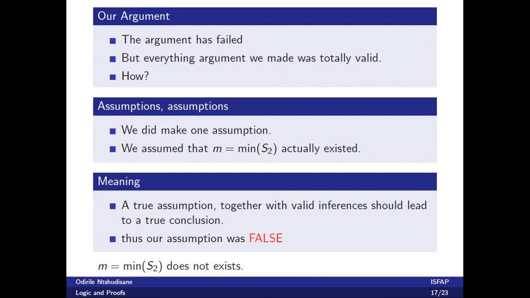So, since from a true assumption, one can only get a true conclusion using valid inference rules, we can conclude that our assumption that the minimum of S2 actually exists was actually false. So the minimum of S2 does not exist. So, what then?